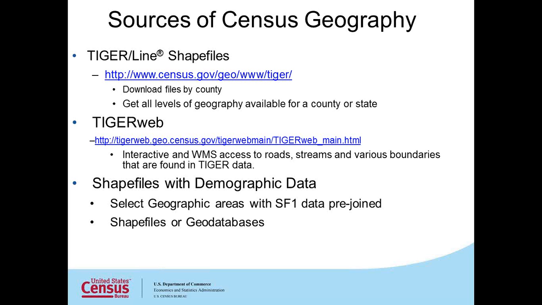So we are dealing with desktop issues here, but I'm going to mention some of these other products that are out there. As most of you probably know, with your desktop GIS, you can integrate online web services into your desktop. So I would be doing you a disservice if I don't mention Tiger Web, which is the Census Bureau's web mapping service.